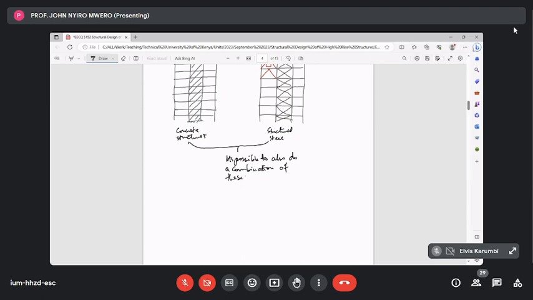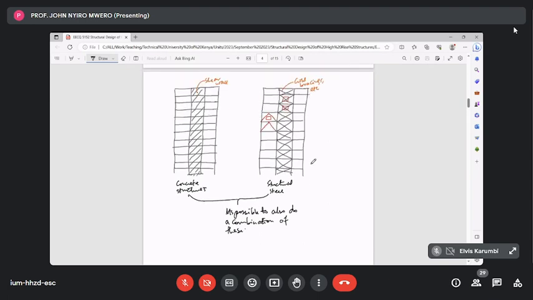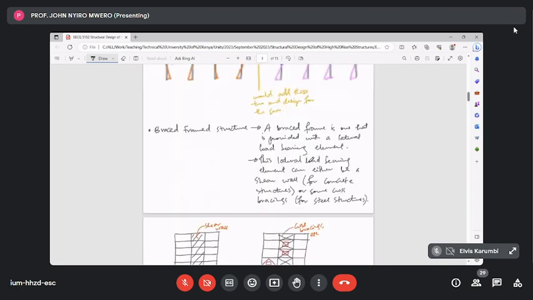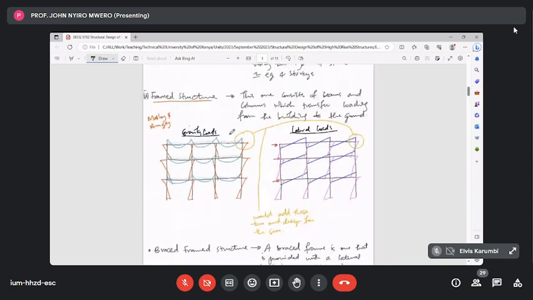Okay, so now when a building does not have lateral load resisting elements, either the shear walls or the bracings, whichever way, Y bracings, K bracings, A bracings, cross bracings, etc., then we say that frame structure is unbraced.